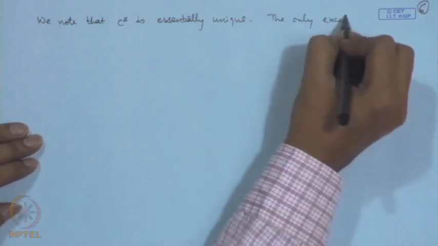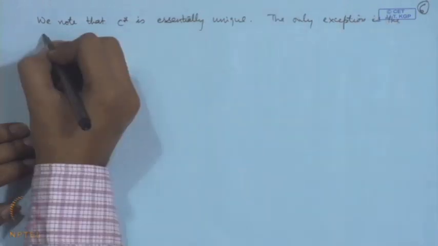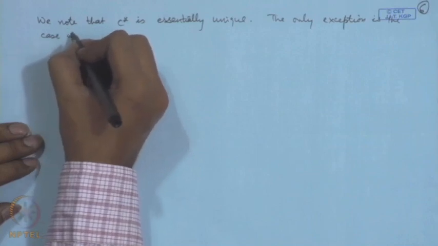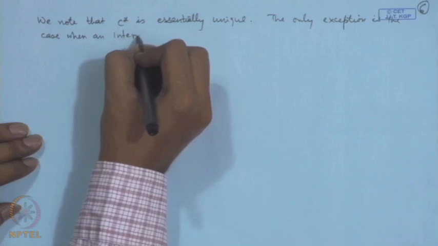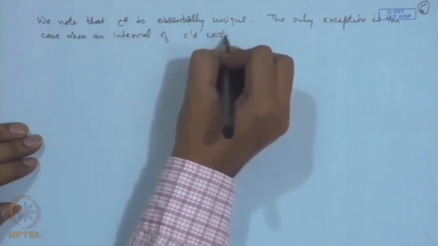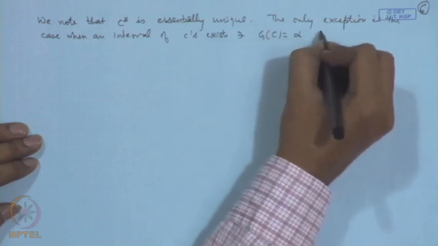The only exception is the case when an interval of c's exists such that G c is equal to alpha.